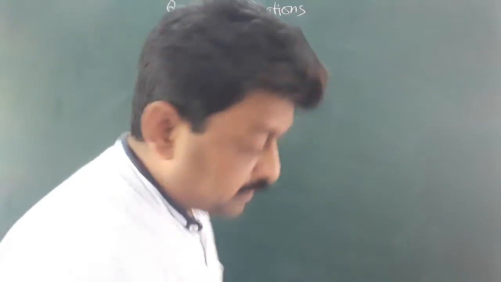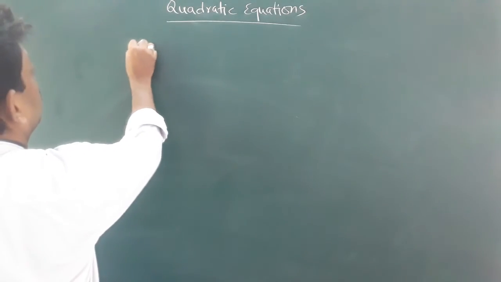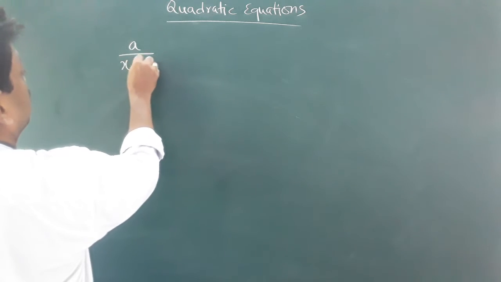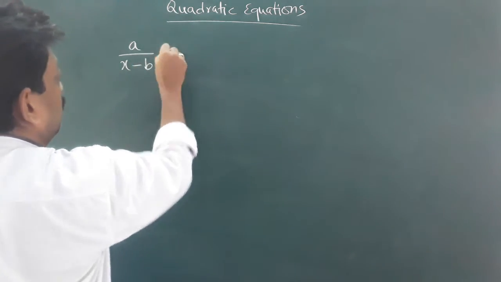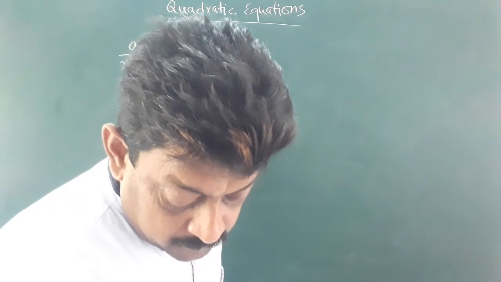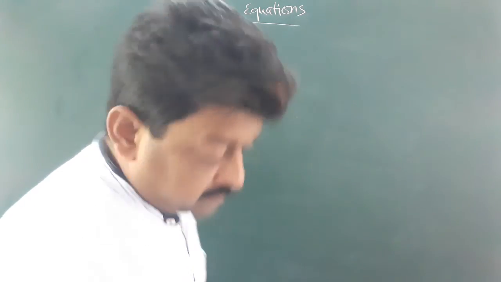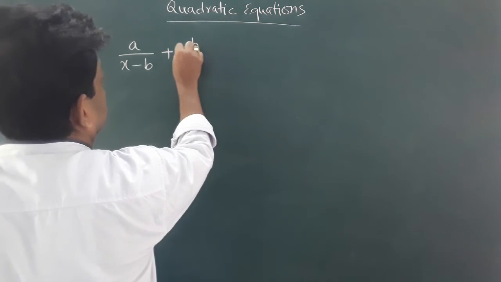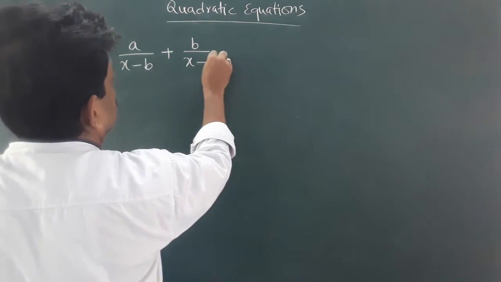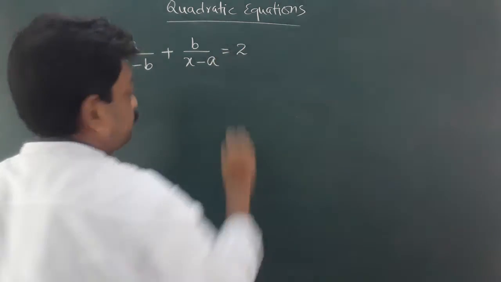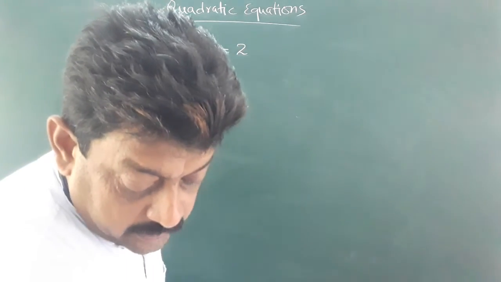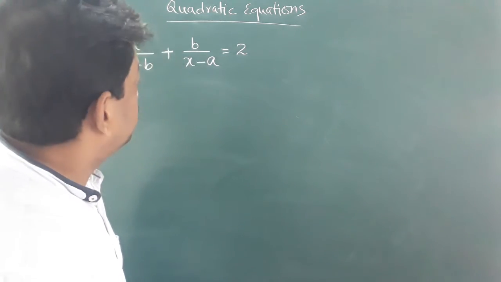a upon x minus b plus b upon x minus a equals 2.